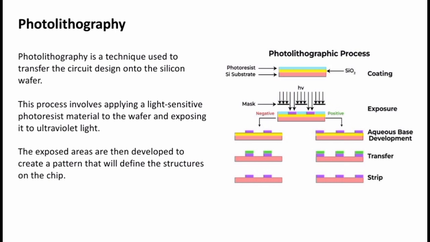When the rays fall on the photoresist material, there is a formation of positive and negative patterns. If it is a positive exposure, the diagram is shown below. This process involves applying a light sensitive photoresist material to the wafer and exposing it to ultraviolet rays, and the exposed areas are then developed to create a pattern that will define the structures on the chip.